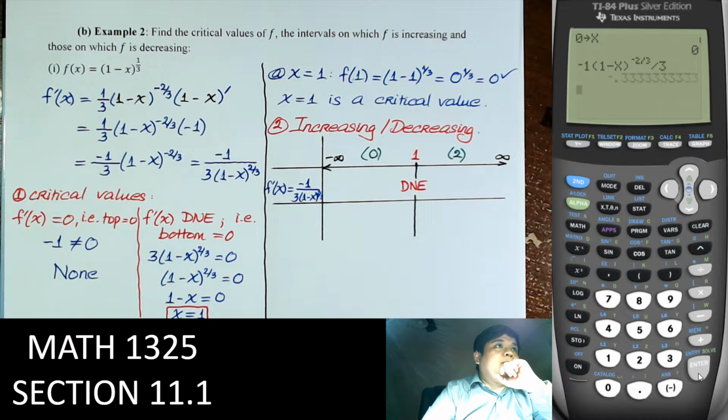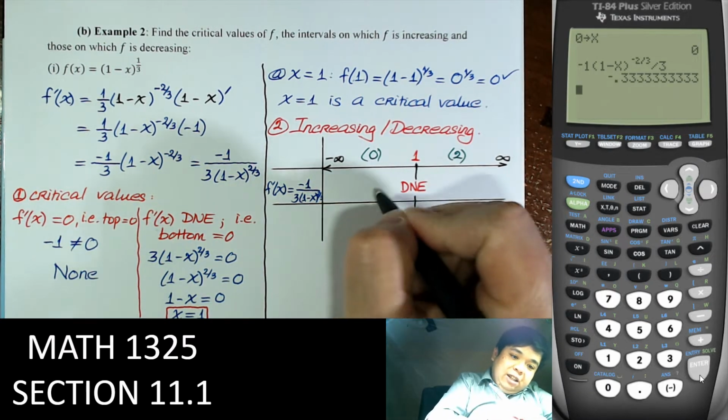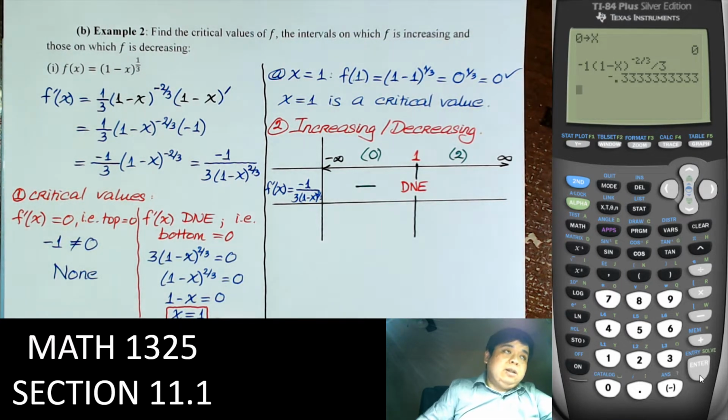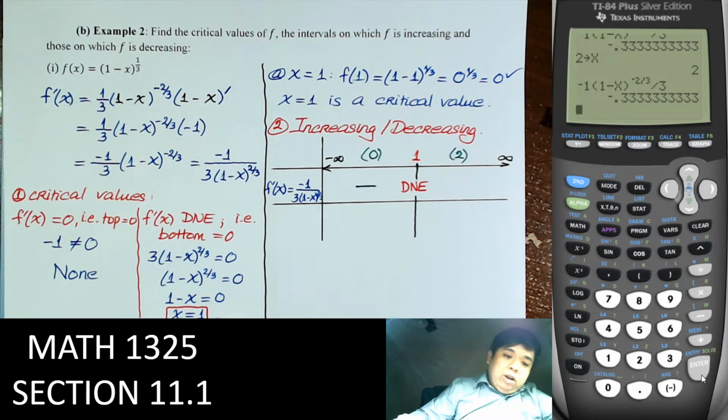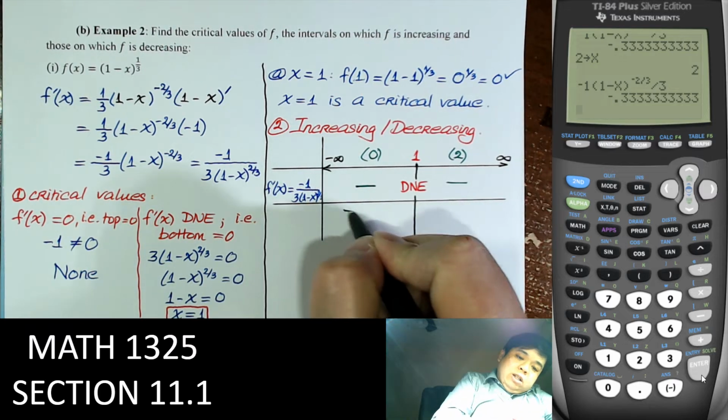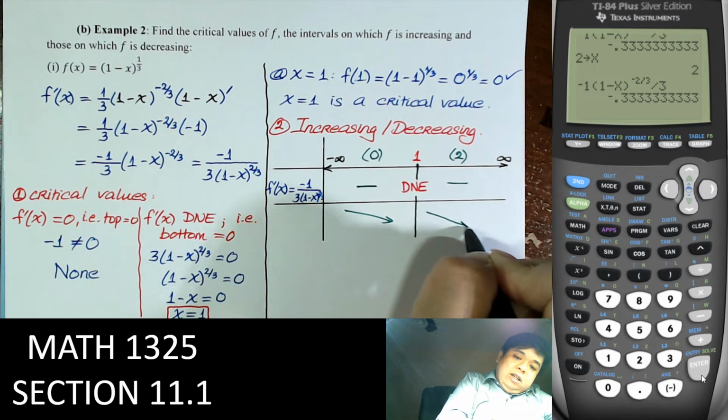We have a negative there. Then we take 2, store into x, and do this again. We should also have a negative. So it's decreasing and then decreasing.